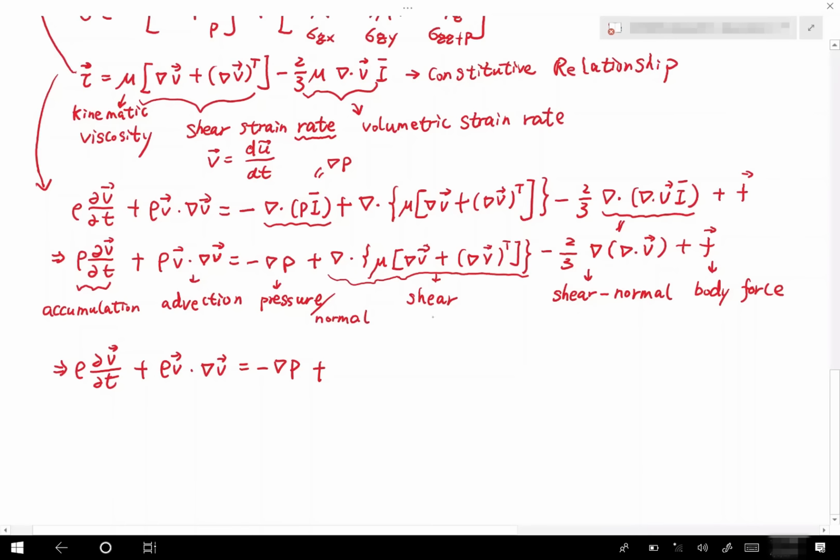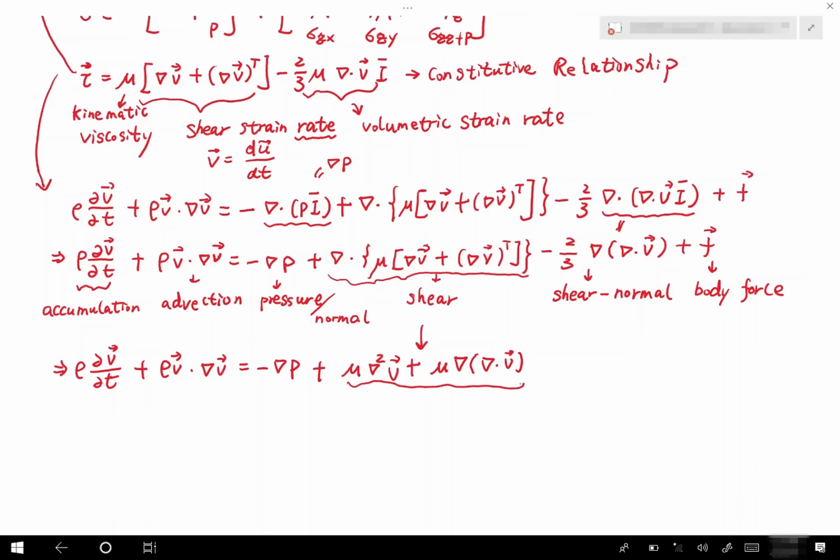So this term was split into two terms. So it becomes mu, the Laplacian of V, and mu, the gradient of divergence of V. So one term splits into two.